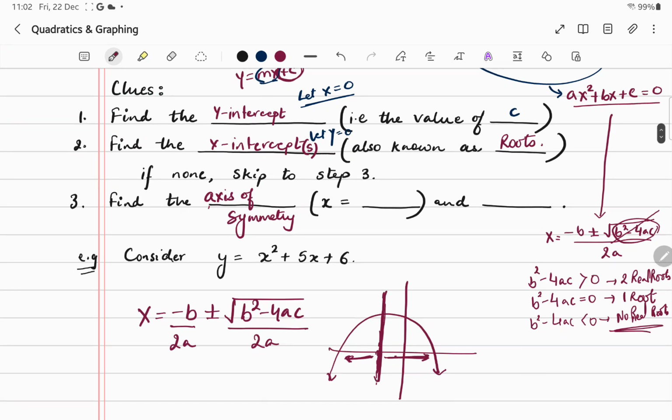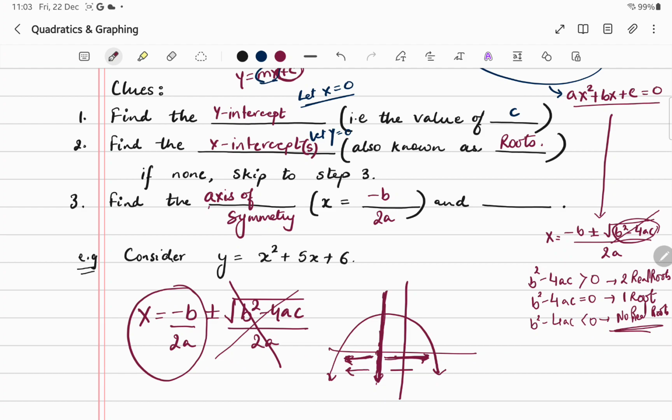If we are finding the axis of symmetry, the middle point, we are not adding or subtracting anything. We are just using the middle value, and that middle value is minus b over 2a. So x is equal to minus b over 2a.